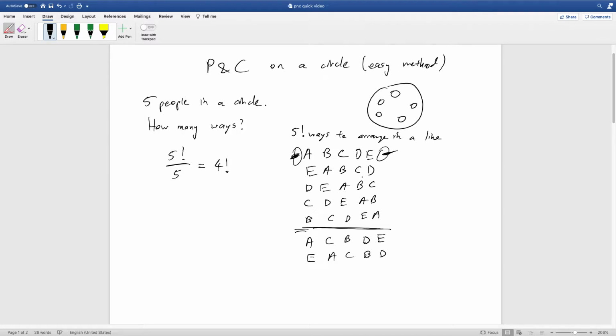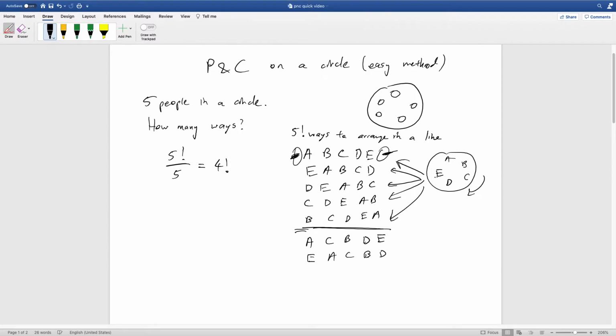These cases are also equivalent to D, E, A, B, C, also C, D, E, A, B, also B, C, D, E, A. Because if you put the 5 people in a circle, this way of arranging them all corresponds to these 5 cases, because you can rotate the circle.